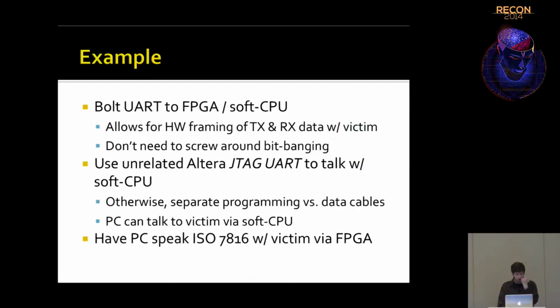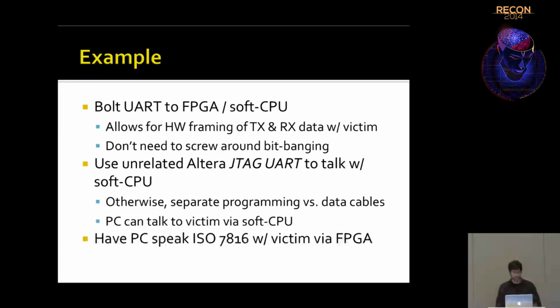So then what I did, now that I knew this, is I bolted a UART to the soft CPU in the FPGA, and this allowed for hardware framing of the transmit and reception of data with the victim, so I didn't have to screw around bit banging and having to get the timing perfect. Then I used Altera's JTAG UART, which is a separate out-of-band UART, part of the USB cable, that allows you to talk with the soft CPU.